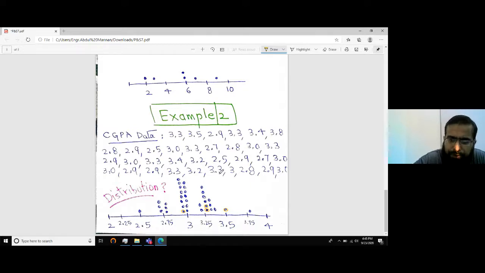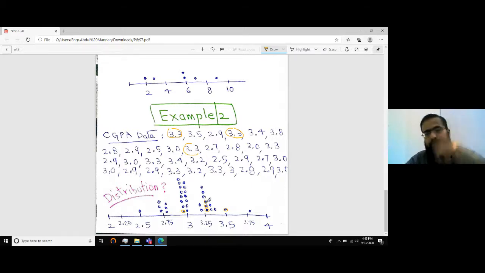This is the second time we have come across a 3.3, so we'll have another dot on top of the dot we already have. Initially we have this dot, and then we have again encountered another data point equal to 3.3. So we'll put a dot on top of this dot, and if we again come across a 3.3, for example this one, we will put a dot here.